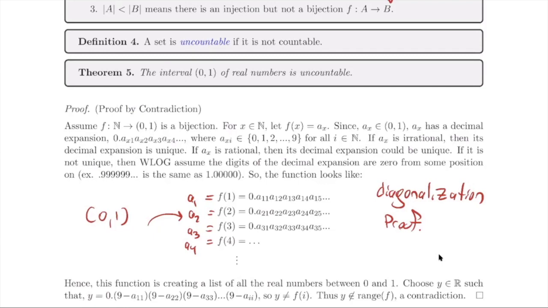There are some elements in the interval from 0 to 1 that we can't possibly get as an output out of this function. So the contradiction we're going to get is that if we can show that f is actually not a bijection, then we get a contradiction from that claim.